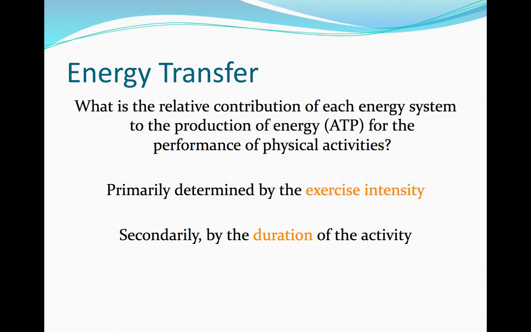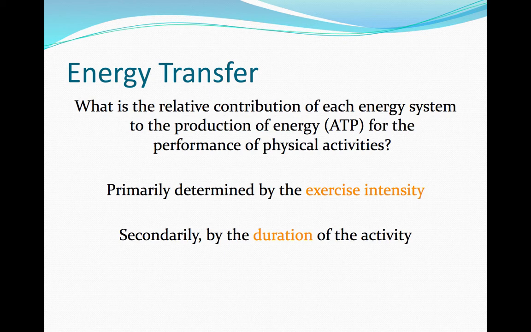So anyways, the 2 rules to energy systems. I told you in Lecture 5 that the first rule, and I just said it, is that all energy systems overlap. So all of them are contributing to the resynthesis of ATP, although one may not be contributing very much, but essentially there's no on-off switches.